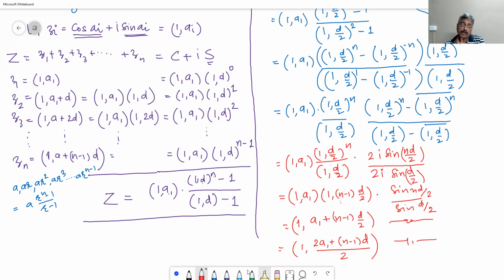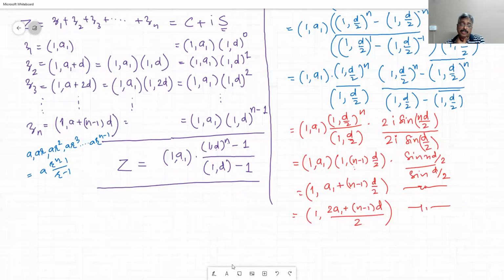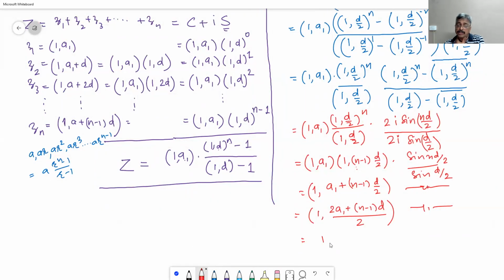Same. 2a1 plus n minus 1 times d, which is 1 comma. Is this first term plus last term by 2? First term plus last term by 2? Yes or no? Yes, sir. So what is this complex number?